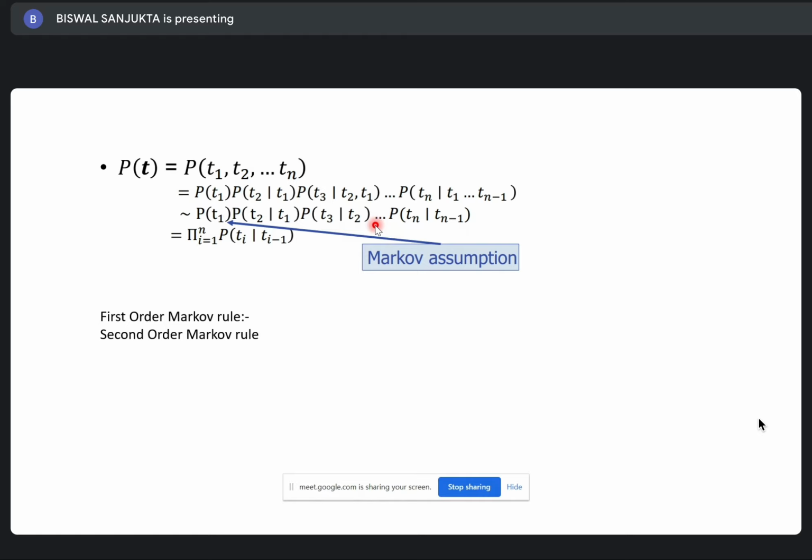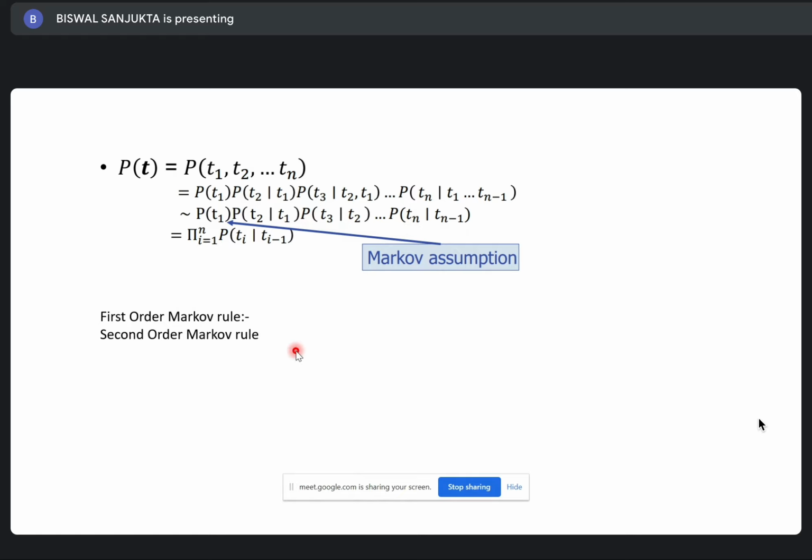It says the current state is dependent on a couple of previous states, and based on that it is defined as a first order or second order Markov rule. If you see, it is just like our bigram probability, right? We say the second word is dependent on the first, the third word on the second, like that.